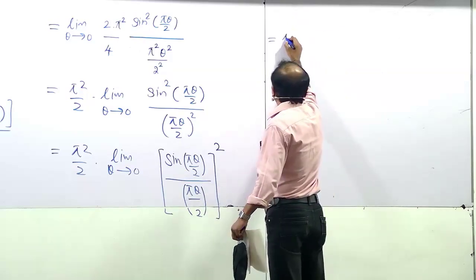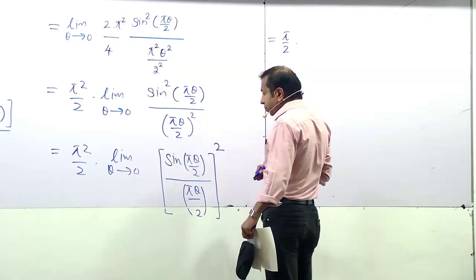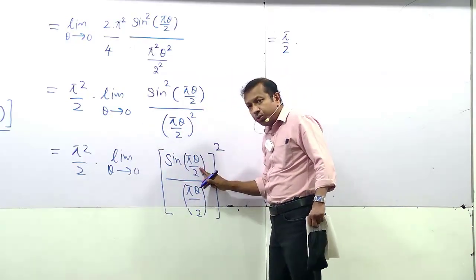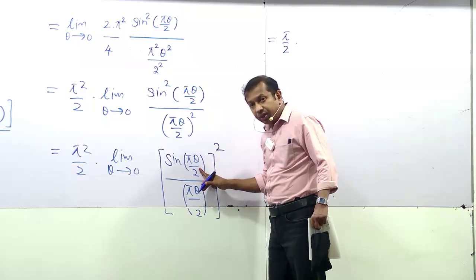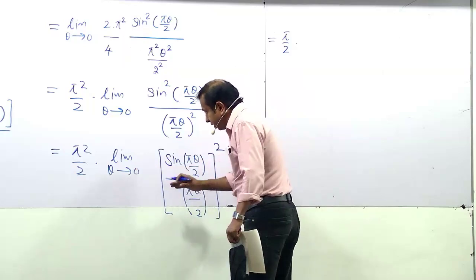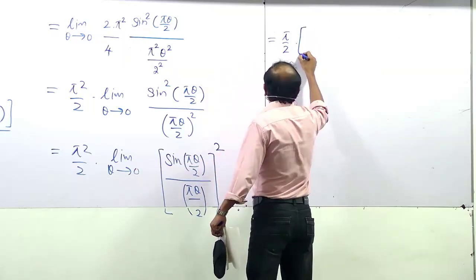Then we have pi squared by 2. Theta going to 0 means pi theta by 2 is also going to 0. Then we can take this inside the bracket, like this.